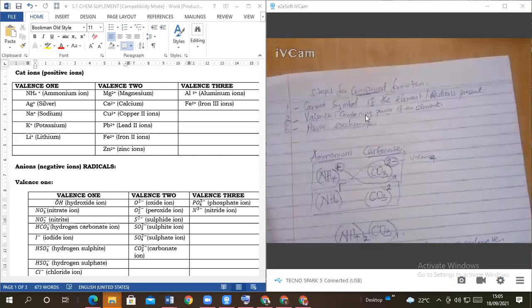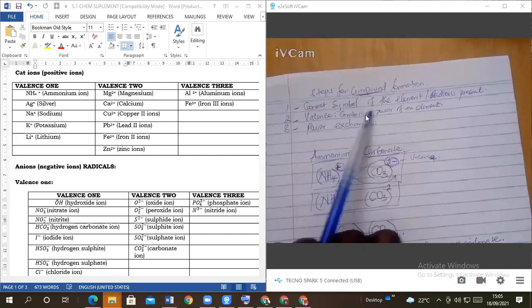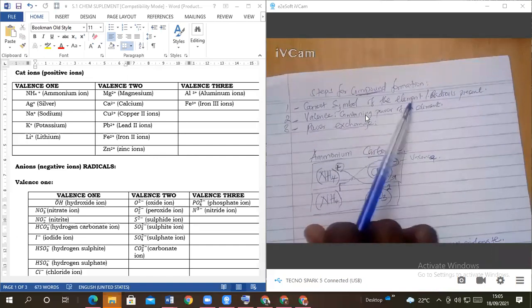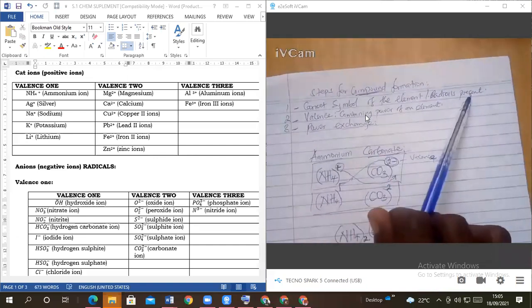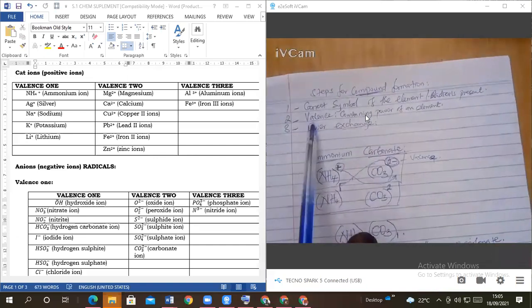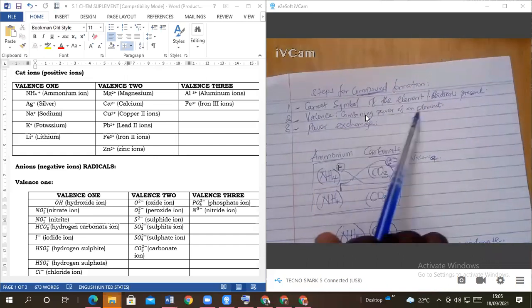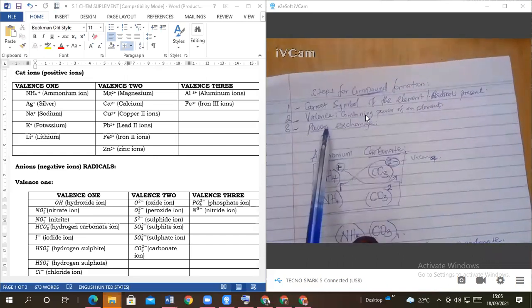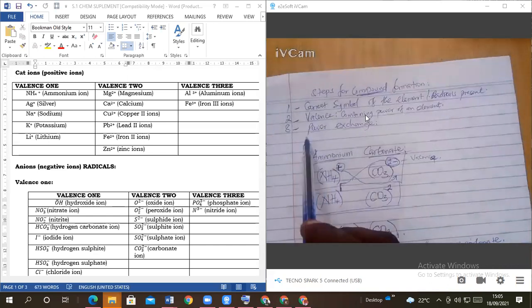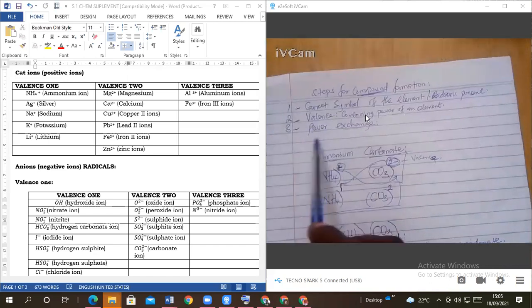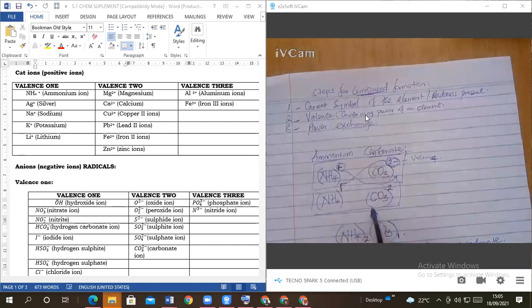Number one, write the correct symbol of the element or radicals present. Two, the valence, since we said valence is the combining power of an element, it must be present. And then lastly, show how those powers exchange and give us the compound.